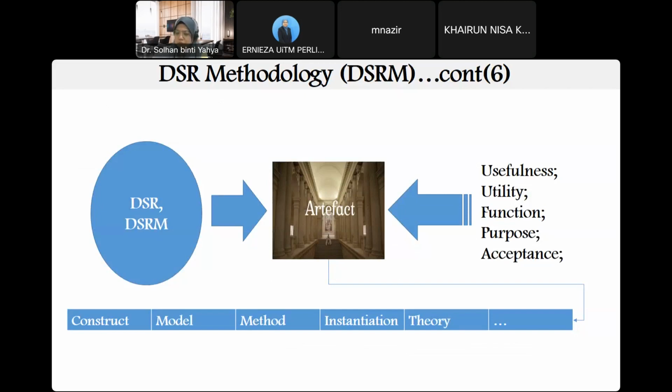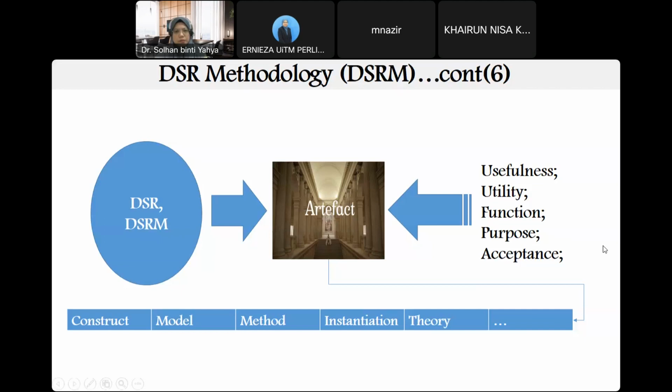All right, when we're talking about design science research, it's about a new innovative artifact, coming with a solution, and so on. What kind of artifact? Generally, as published by Hevner in the first article, the artifact can be divided into construct, model, method, instantiation, and also the design theory itself, all right?